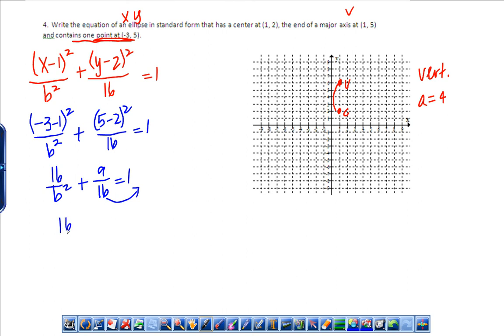So this is 16 over b squared, and I'm going to do a common denominator. So this is 16 over 16 minus 9 over 16. So this is this number right here. So 16 minus 9 is 7. So this gives me 7 over 16.